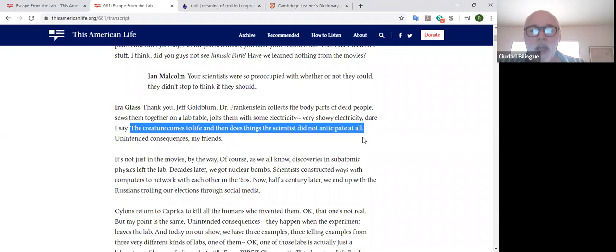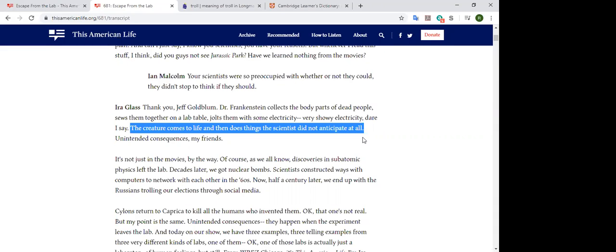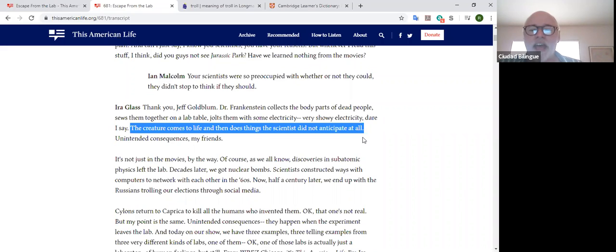You got the come right. Does the creature come to life, right? Yes. But now we're talking about, and then does he come to life and do things the scientists did not anticipate at all? Okay? Does he come to life and do things?